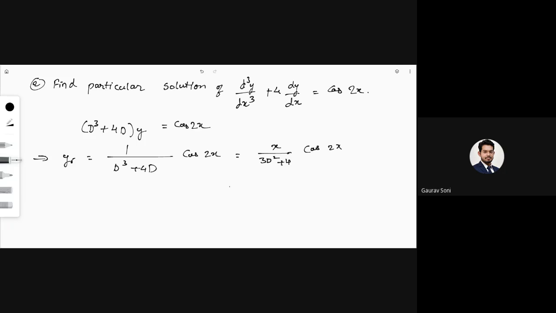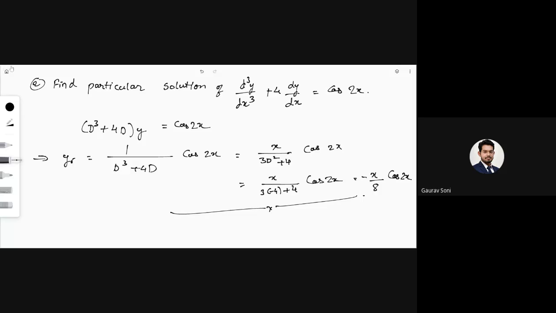Now you replace d square by -4, so that will be 3 into -4 plus 4 cos of 2x. So that is x upon 12 minus 12 plus 4, that is minus x by 8 cos of 2x. Very good. So I hope it is clear now what you have to do, right? Yes, sir.